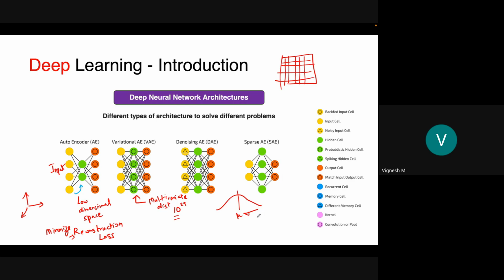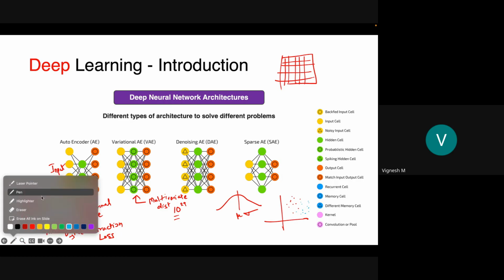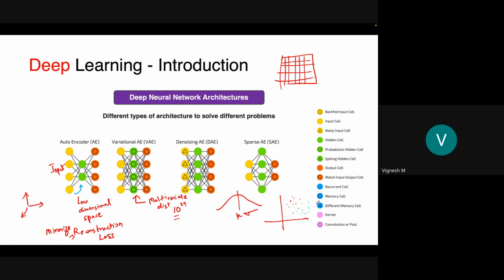Now, let's say this is my latent space, and for an autoencoder the latent space is very discrete, with two clusters. What the variational autoencoder does is smoothen the space out, so instead of looking like this, it looks like a smoothed version of this.